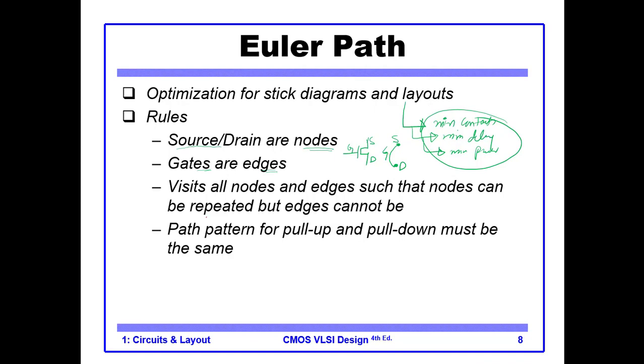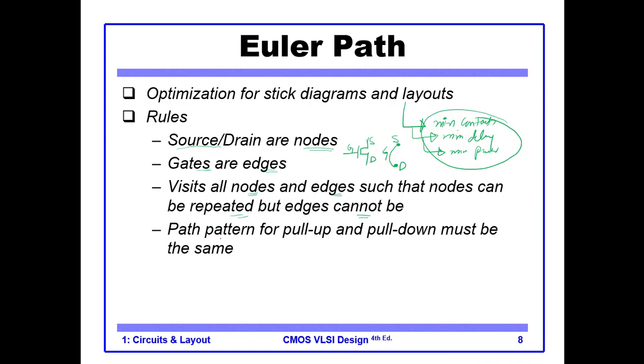Okay, and then visit all the nodes and edges such that the nodes can be repeated but edges cannot be repeated. Okay, I will go through an example to make you understand what this means.